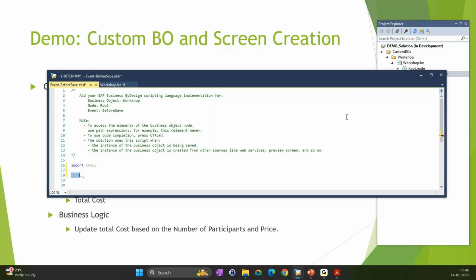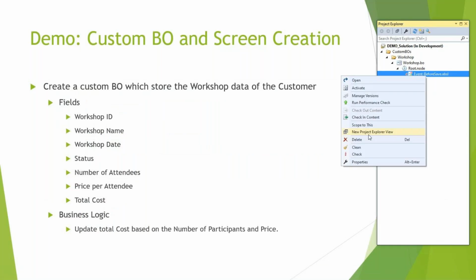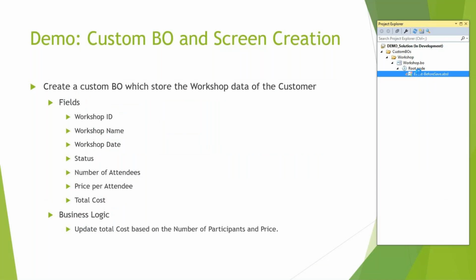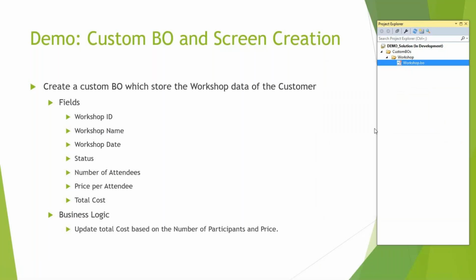If we mass enable this, then it will be a collection, and all the elements will be listed. So this is just one instance. Let's say I enable mass enabled.